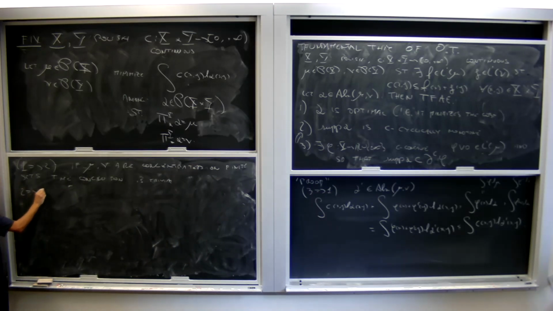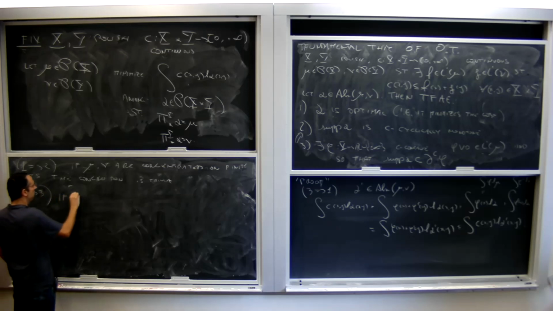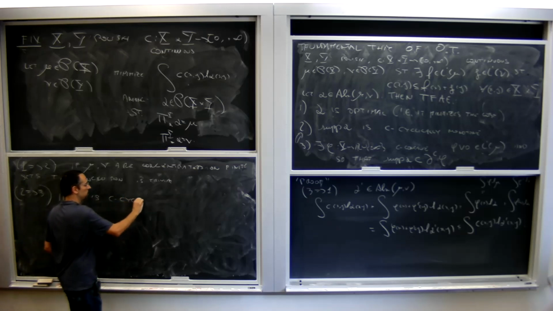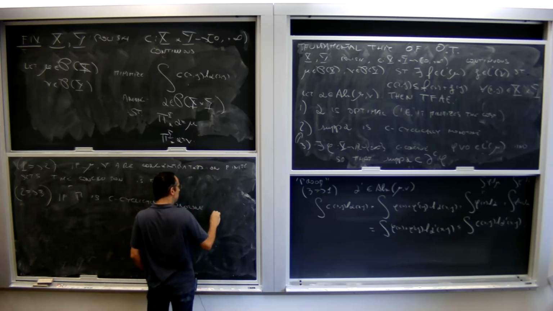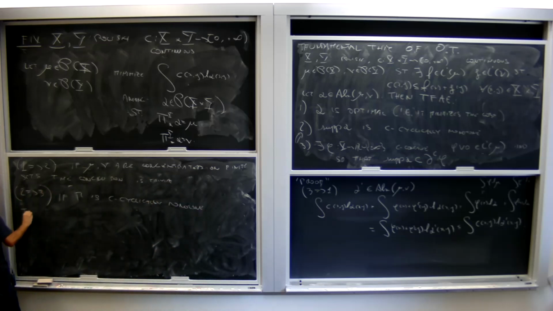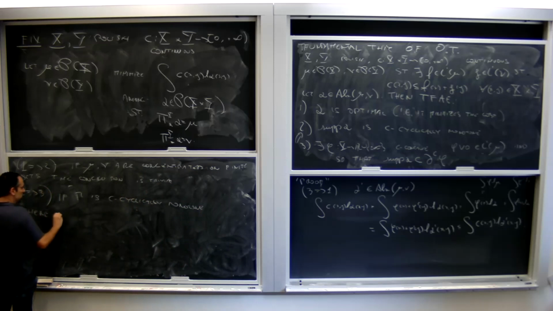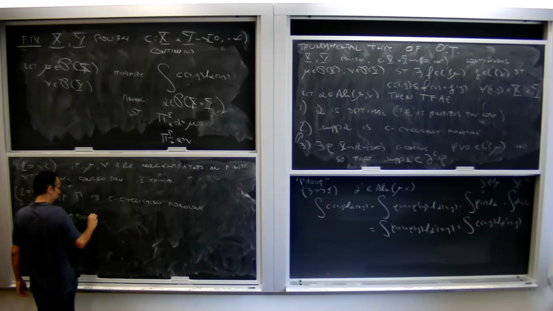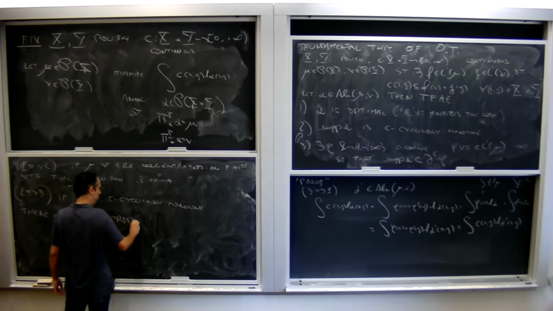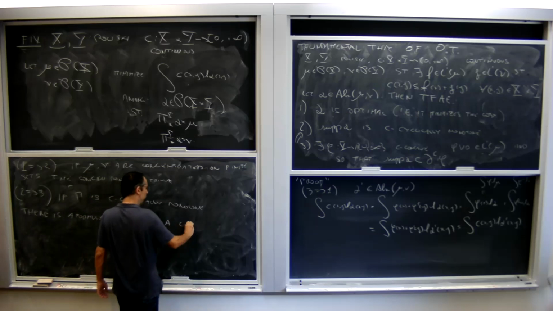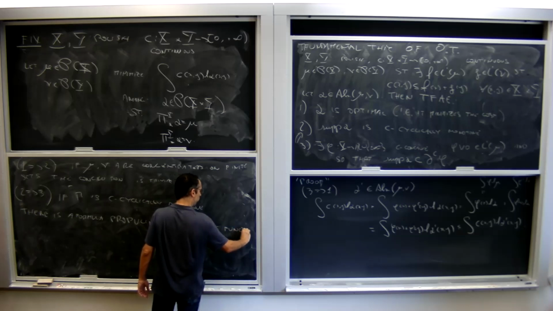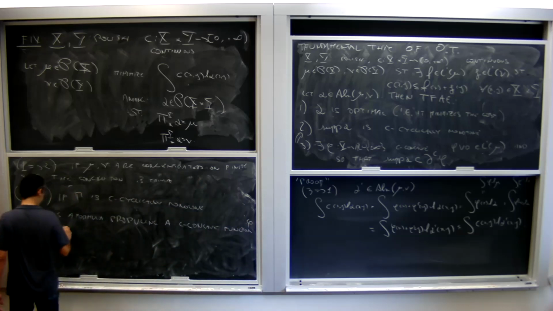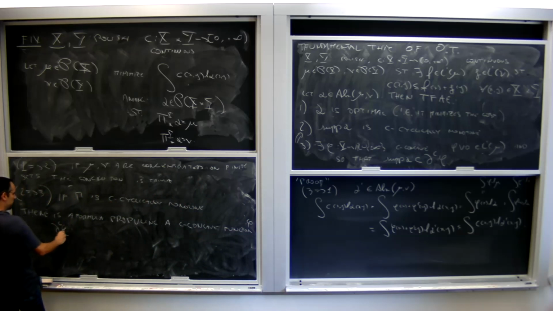So 2 implies 3, in fact, rests upon the following very general fact: if gamma is C-cyclically monotone, then there exists, in fact, I can build, not only there exists, there is a formula producing C concave functions phi, let's say, with C subdifferential phi containing them.